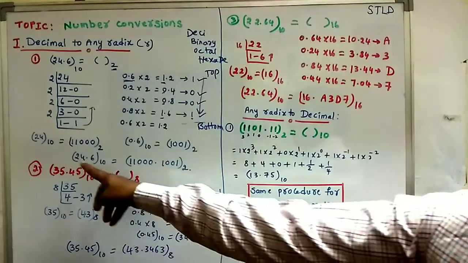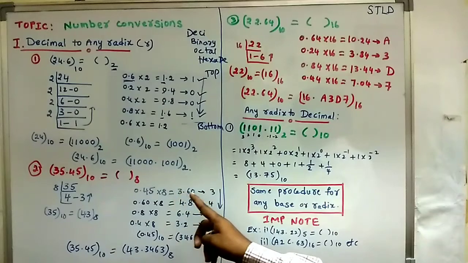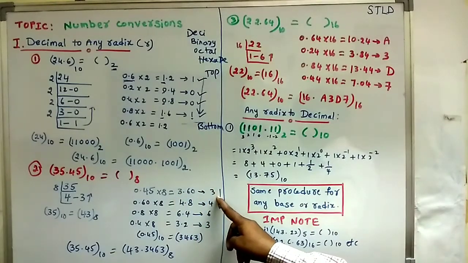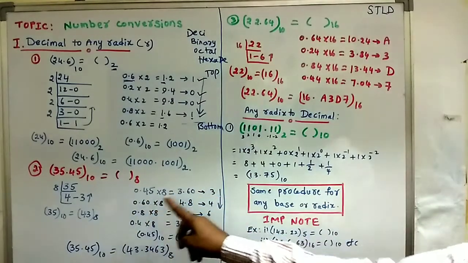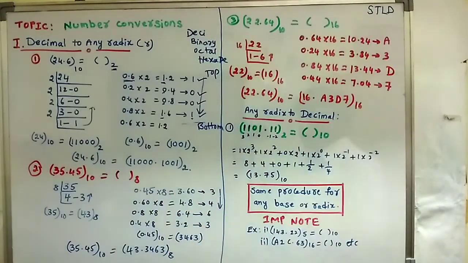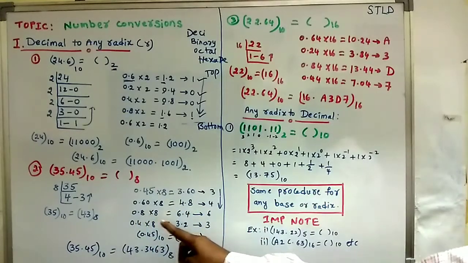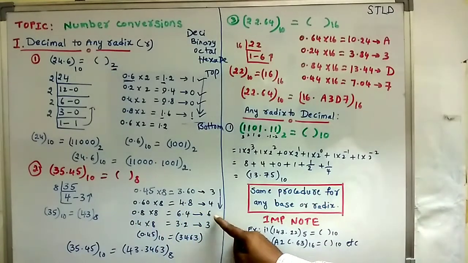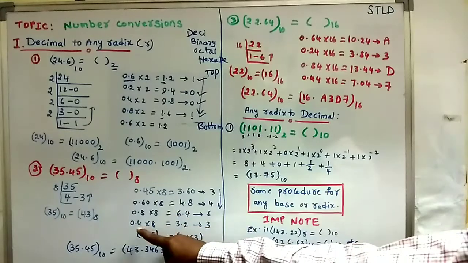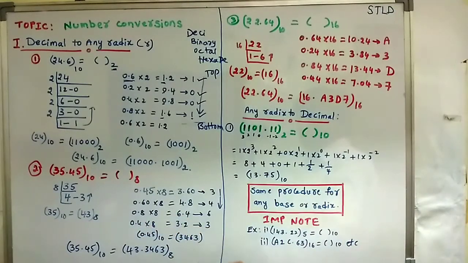Again, multiply the fractional part by 8. 0.45 into 8, so you will get 3.6. 3 is the integer part, 0.6 is the remainder. 0.6 into 8 is 4.8. 4 is the integer part, the fractional part is 0.8. 0.8 into 8 is 6.4. 6 is the integer, and I take 0.4 again into 8, that is 3.2.